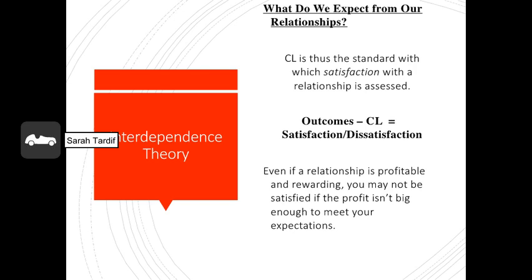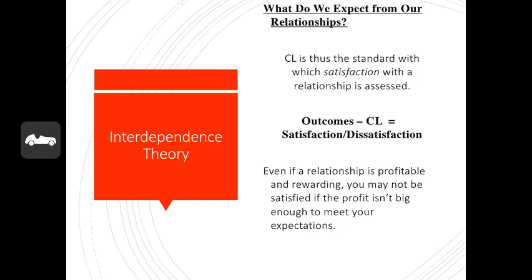Comparison level is therefore the standard with which satisfaction is assessed because we know that our outcomes are our rewards minus our costs. Now we have another equation in interdependence theory, which are our outcomes minus our comparison level.